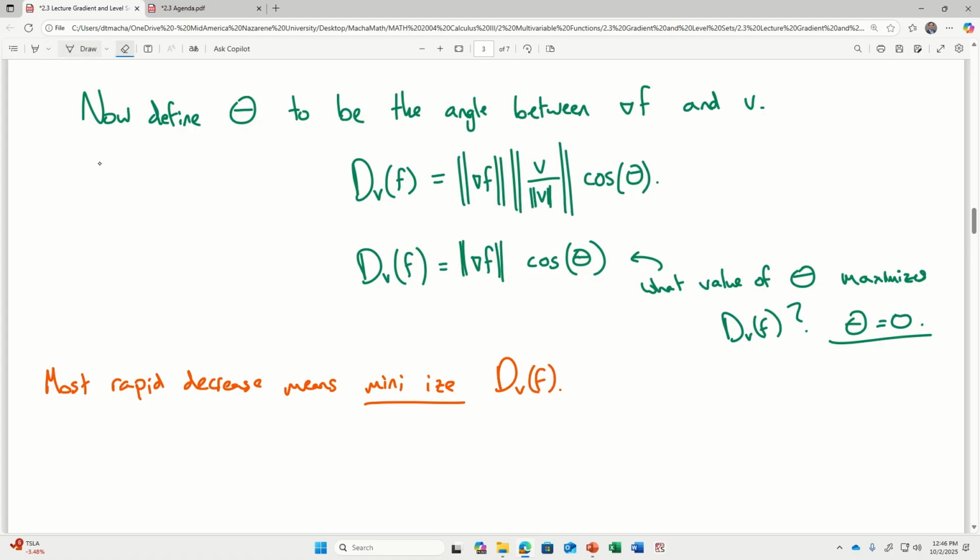We want to find the greatest negative value of this directional derivative, which means I want to minimize the directional derivative. And if I do that, I would ask, what value of theta minimizes this directional derivative?